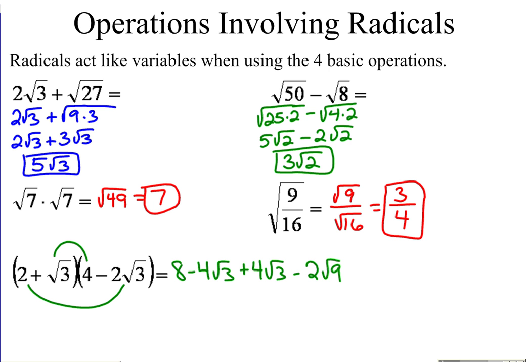From here, negative 4 root 3 plus 4 root 3 cancels. 8 minus 2 root 9. But what's root 9 equal to? That's just 3. So this becomes 8 minus 6, which is not 4, it is 2.